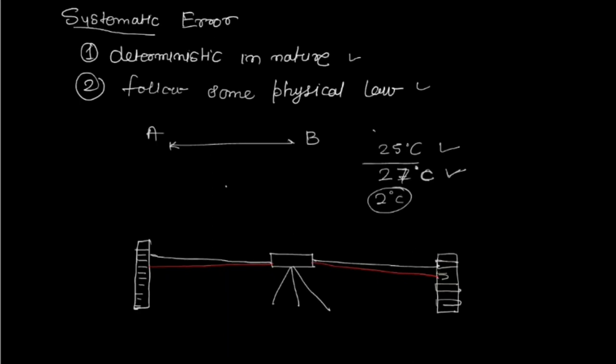Now take another example, from leveling. During high precision leveling, we keep the level instrument in the middle between the staffs. Let's suppose there is some collimation error in the instrument.